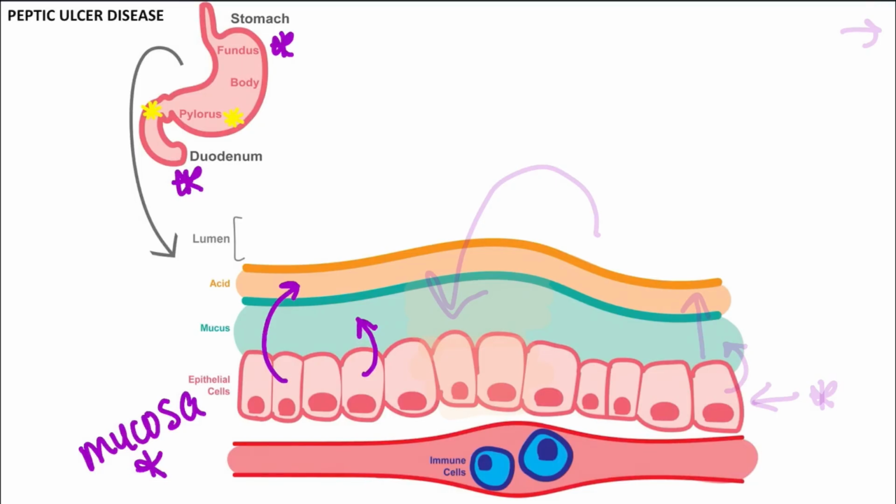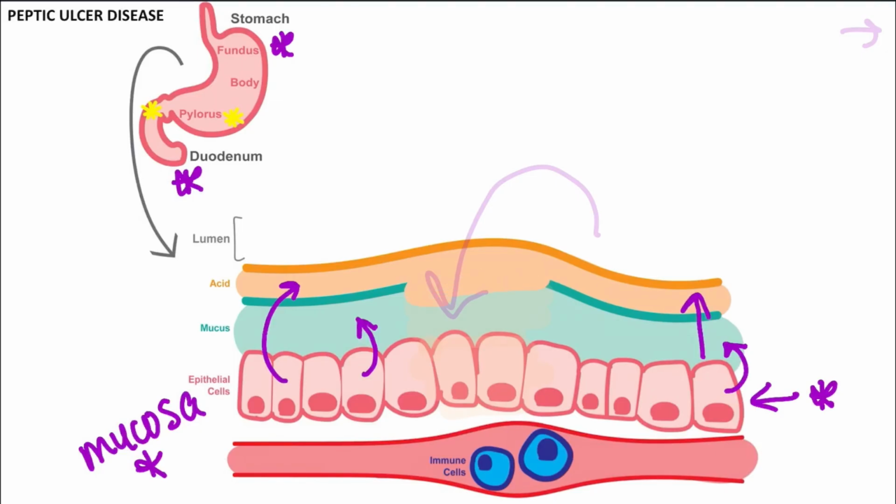So under normal physiologic conditions, the mucosa of the stomach and the duodenum are protected from this caustic environment necessary for digestion because of these specialized epithelial cells, or the mucus cells that, remember, are the ones that are secreting the mucus and the bicarb, forming this protective layer and the pH gradient.